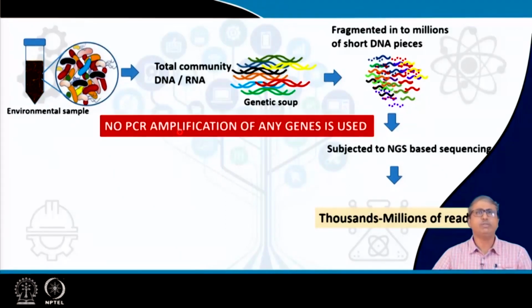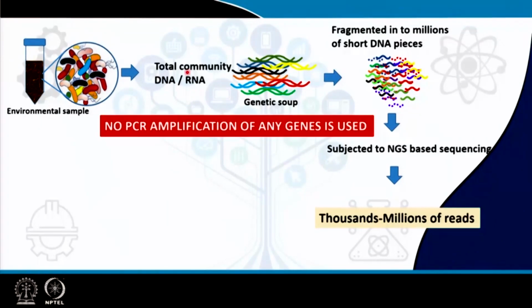So, now if I go ahead with this, we have the genetic soup that we discussed earlier. Earlier, if you remember, we used to do a PCR reaction with this, but now there is no PCR reaction. The genetic soup is taken, that is the extracted DNA, or it may be RNA, which I will come to sometime. The total nucleic acid is straightaway fragmented using chemical methods or ultrasonication, into small pieces.